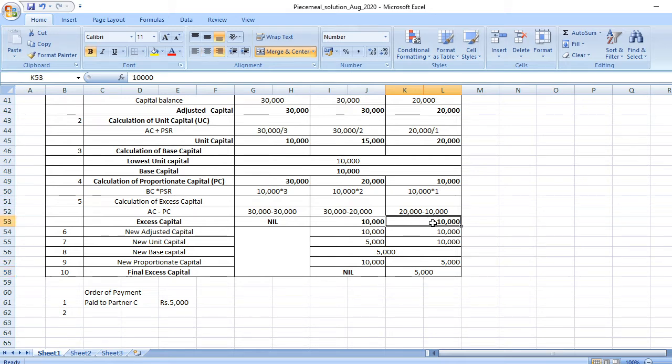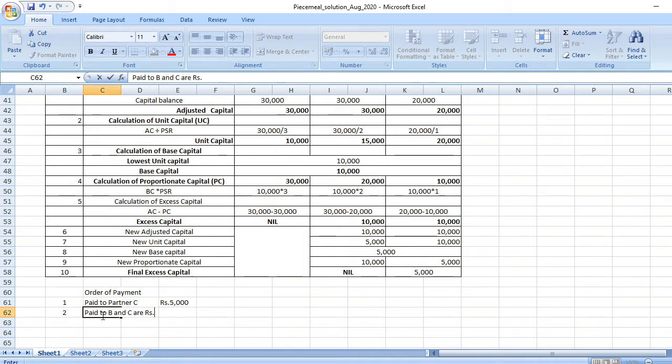Now the rest of the value remaining is 5,000, and B's excess capital was 10,000 before the final excess capital. So we have to pay to B and C. How much amount do we have to pay?